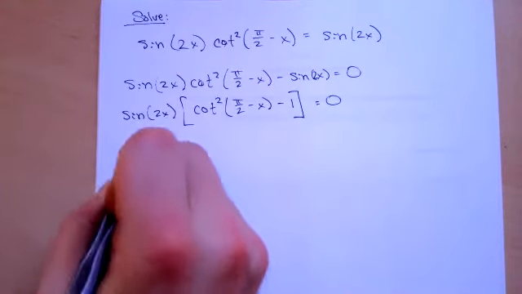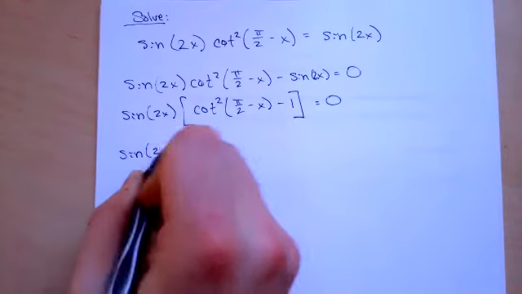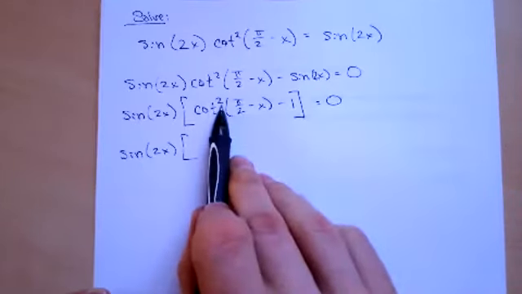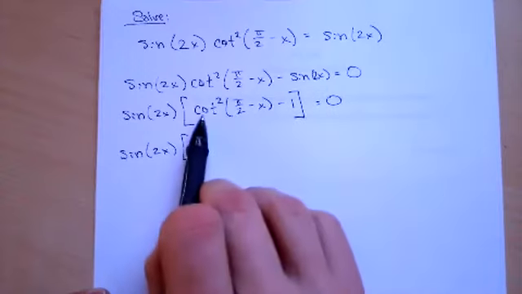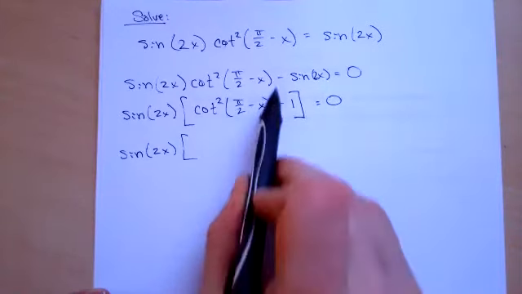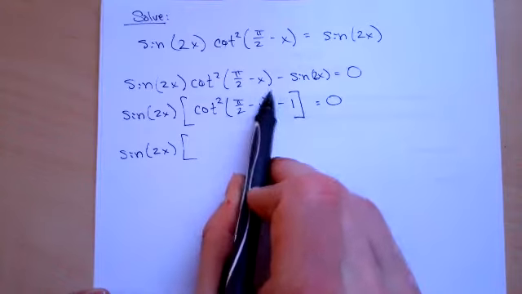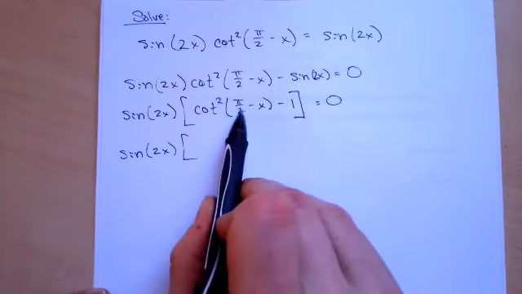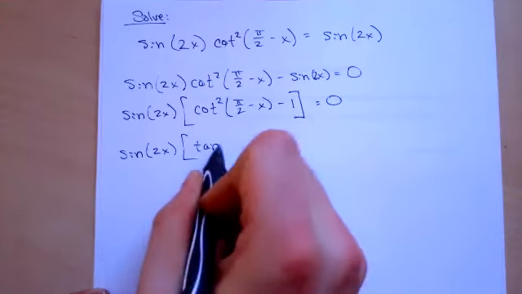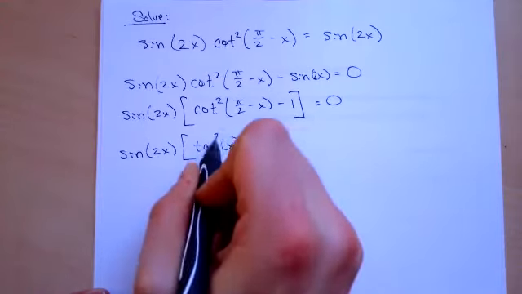So let's go ahead and take advantage of that identity to simplify things a little bit. And remember, cotangent squared of something really means compute the cotangent, then square it. So cotangent of pi over 2 minus x is tangent of x, then square it.